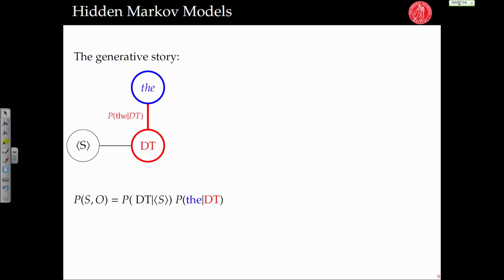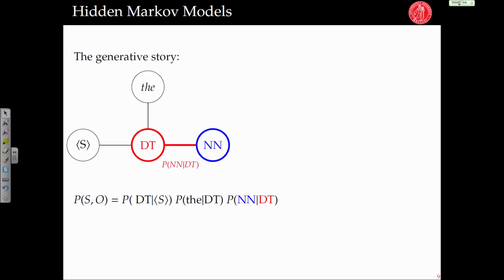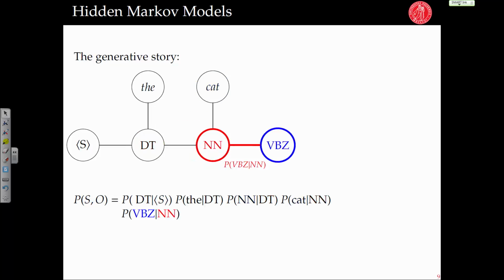These two things together will be, as you will see later on in a few minutes, the building blocks of how to work with hidden Markov models. And then we continue. Given a DT, what's the most likely part of speech tag that follows the DT, and so on and so forth.